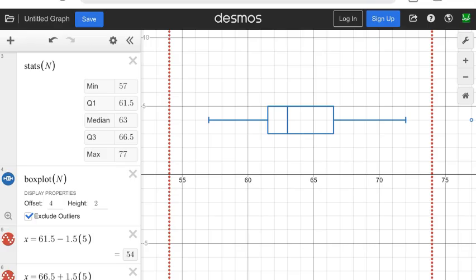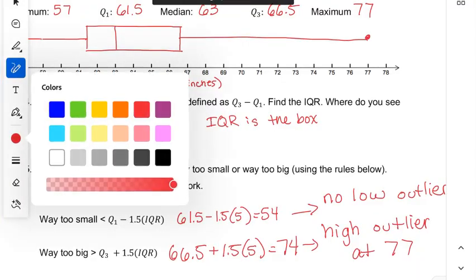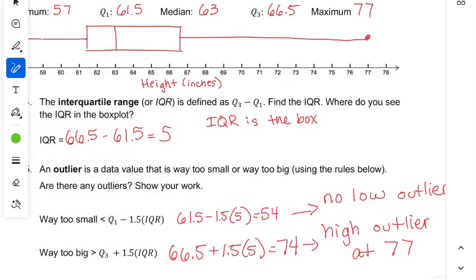I can see where the outlier is. Now if I click exclude outlier, that makes a whole lot more sense. It shows exactly where that cutoff point is. So if you were asked a question, would 75 be an outlier? You would see it on there. You could add that extra point in and see it.